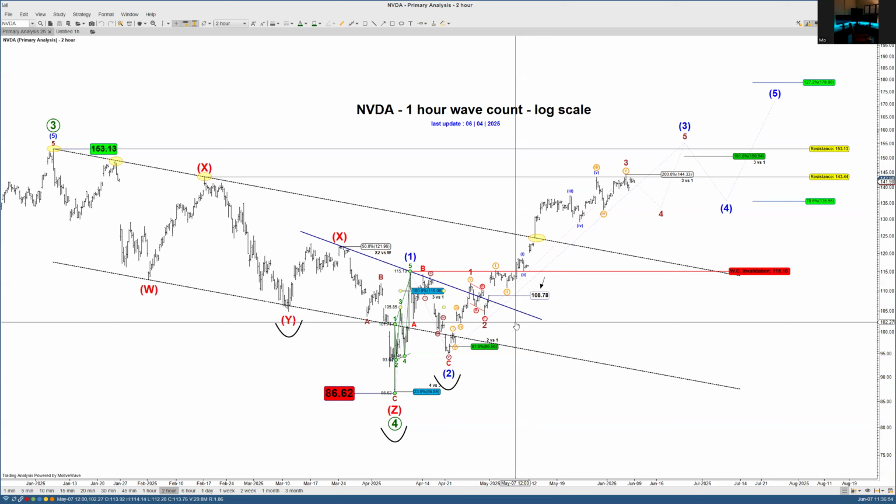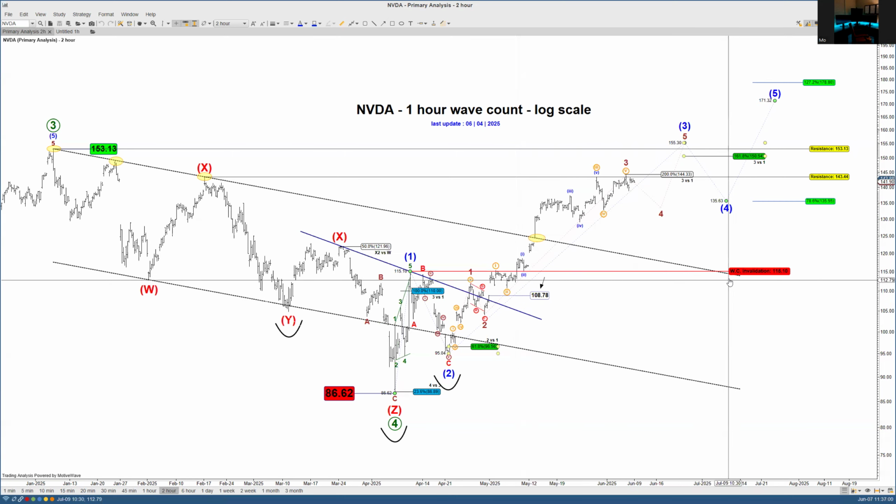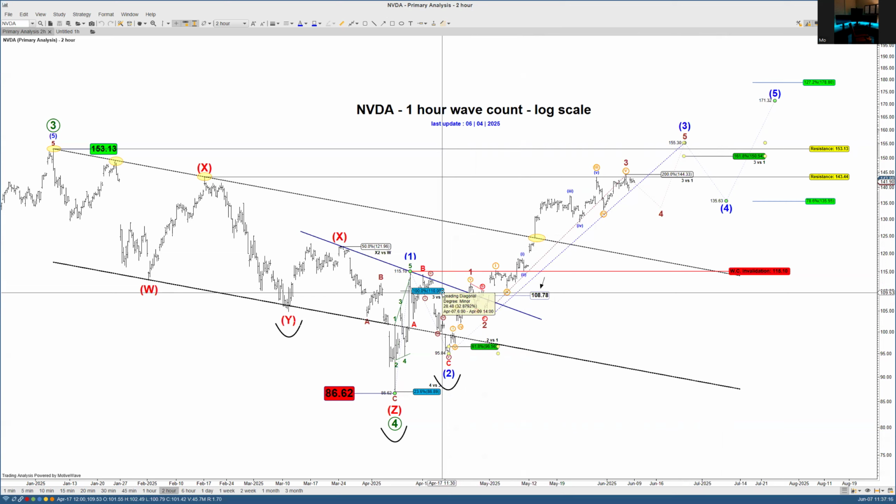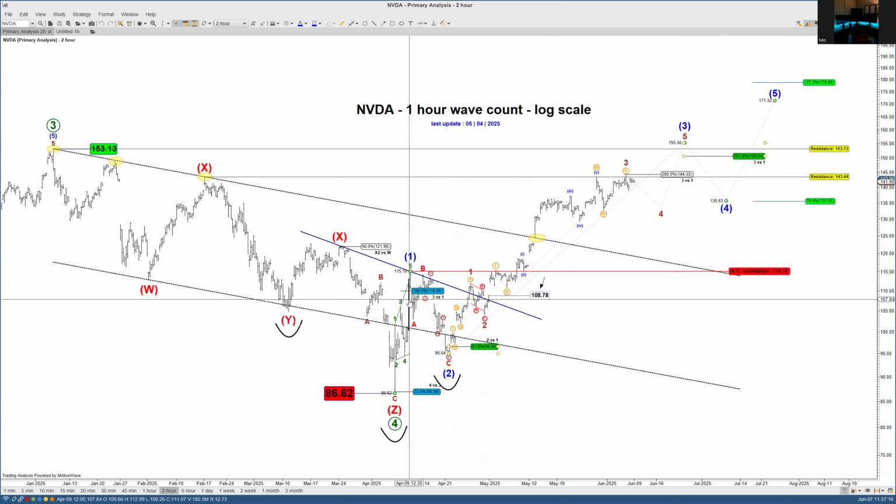I know that Elliott has a hard rule that the fourth wave cannot enter below the wave 1 low, right? Which is fine. We all know that. But when it comes to a diagonal, there's never going to be a perfect diagonal. I can make it as best as I can, but you're just going to be off by a few points.